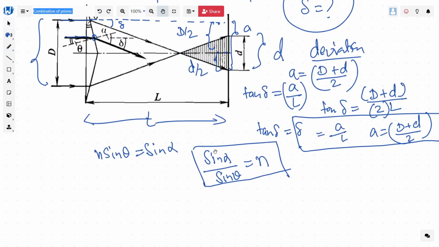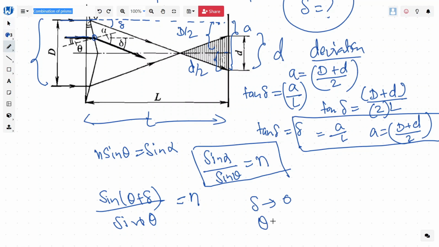So we are going to substitute that. So alpha here is sine (theta plus delta) divided by sine theta, and this is equal to n. Now we know that delta is small and theta is also small, so for small values sine theta becomes theta.